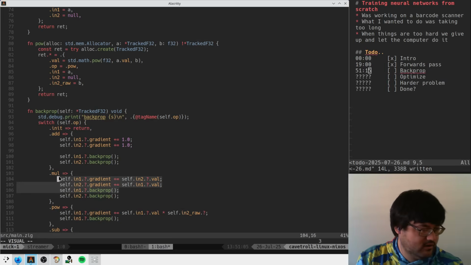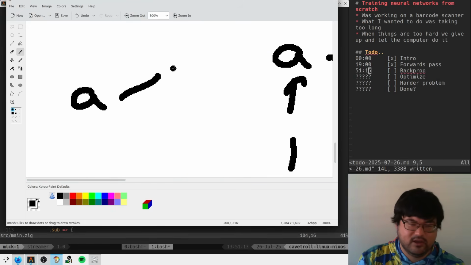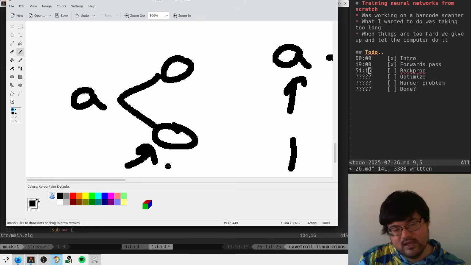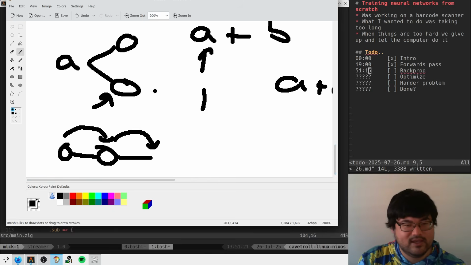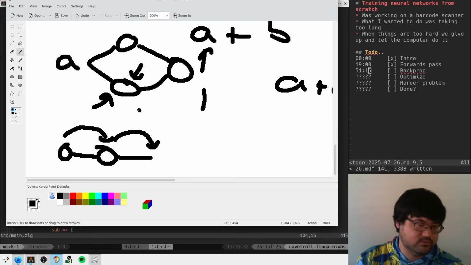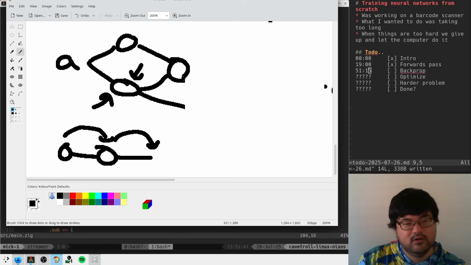So the idea here: if A is used in two things, its contribution to the final answer, both of these are used in something here. Its contribution is only known once we know both of these guys' contributions, if this network went like this, where it's used in two things that are used in the final answer.